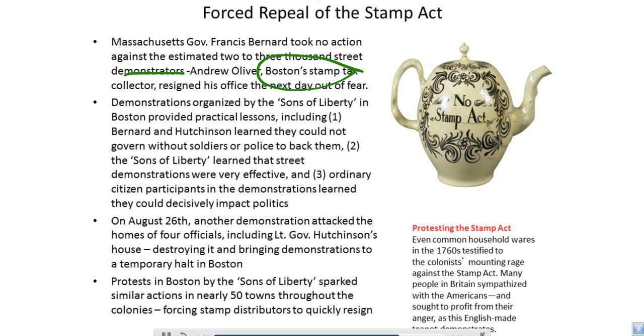Samuel Adams, a radical leader known for his opposition to Lieutenant Governor Hutchinson, organized the first resistance to the Stamp Act in Boston, Massachusetts. He organized a group called the Sons of Liberty, which was a group of dock workers, shopkeepers, laborers, and craftsmen who staged a large street demonstration highlighted by a mock execution of Andrew Oliver, a stamp distributor in Boston.